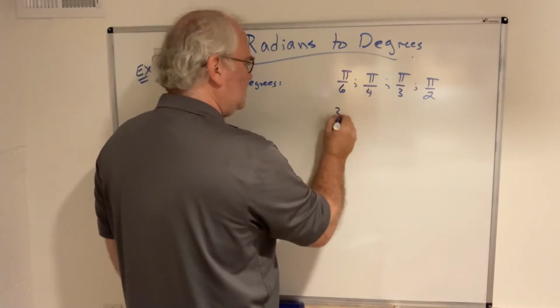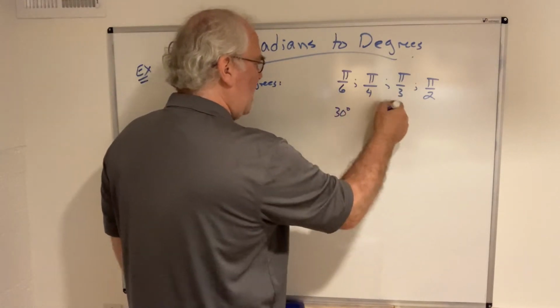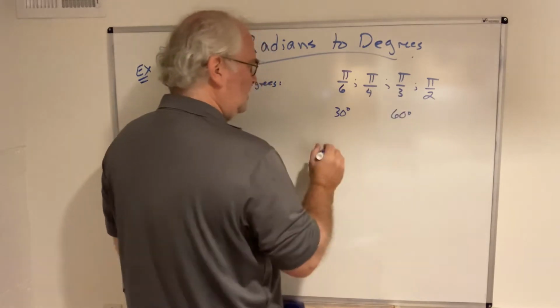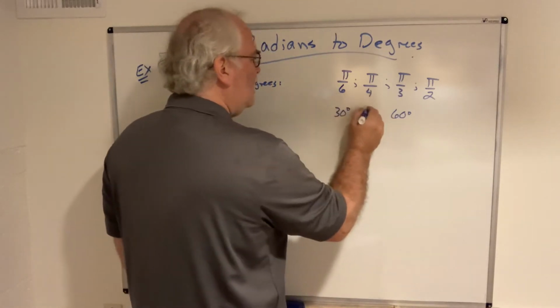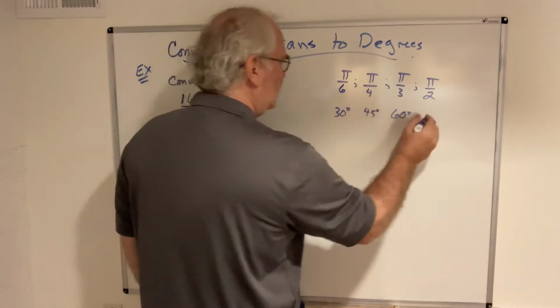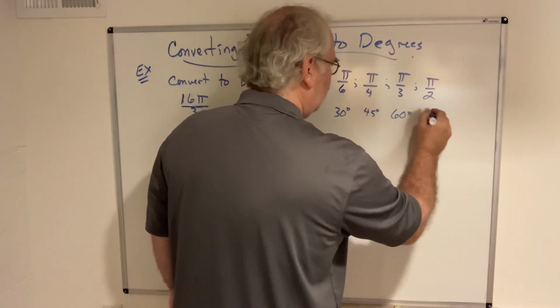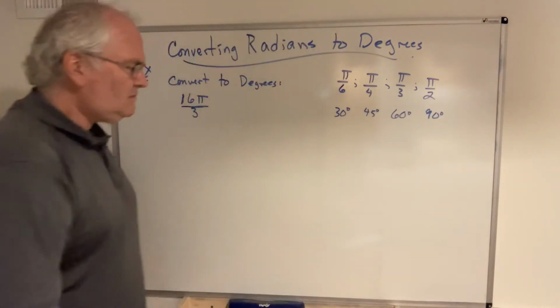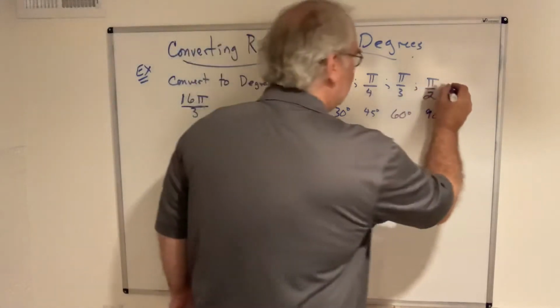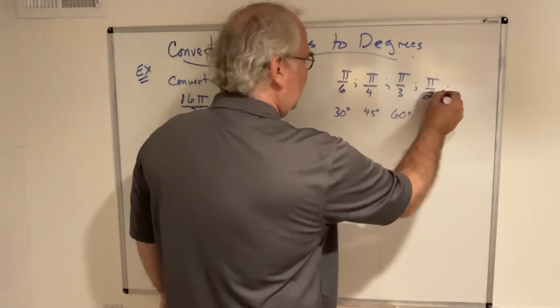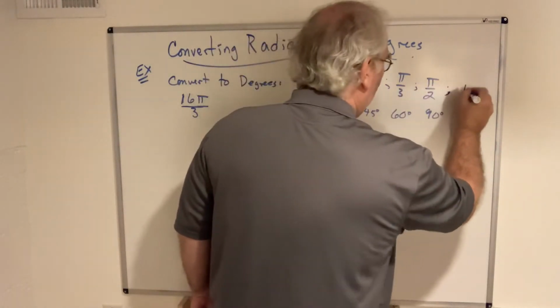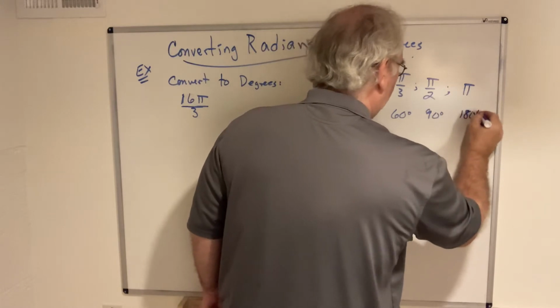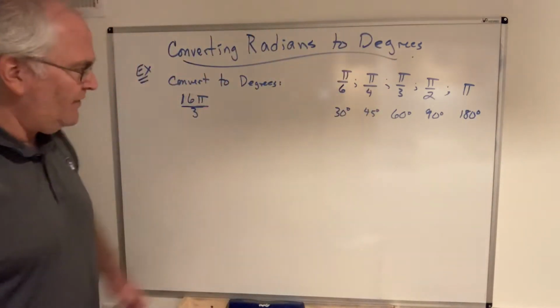Pi over 6 is 30 degrees, pi over 3 is 60 degrees. Remember, they're reversed. This is the 45-degree angle, and this is the 90-degree angle. And I suppose, as a last resort, we do know that pi is 180 degrees, if we need that.